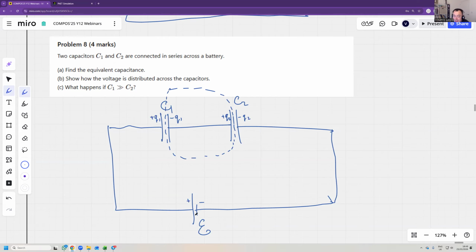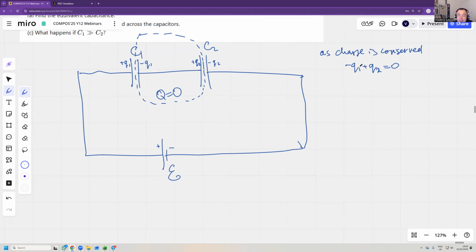Initially, when the battery was disconnected, the total charge in this section was 0. Because charge is conserved, minus Q1 plus Q2 must be 0. Once again, before the capacitors were connected, the total charge on the two plates was 0. So we definitely know that the charge on each capacitor is the same. Hence, Q1 is equal to Q2.